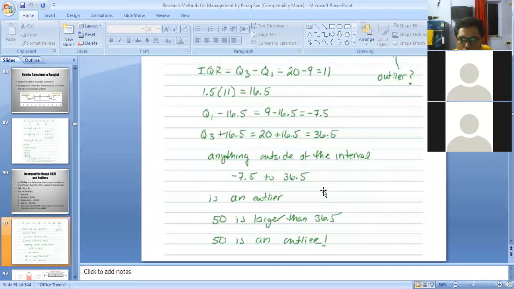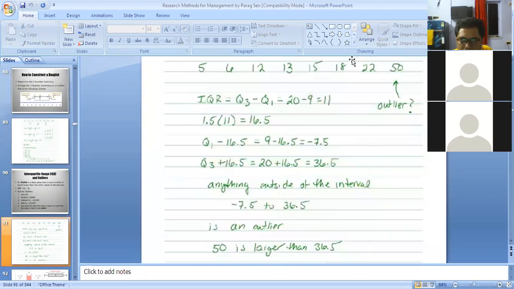Any data in this series that lies beyond the lower bound or upper bound will be treated as an outlier. You can see that 5, 6, 12, 13, 15, 18, 22 are all within the range of minus 7.5 to 36.5, so they are not outliers. Only the 50 is beyond 36.5, so this data point will be treated as an outlier.